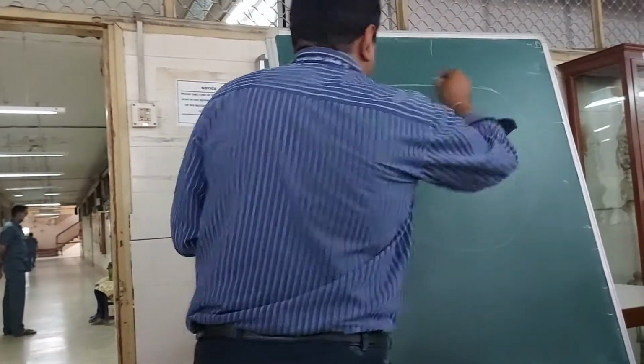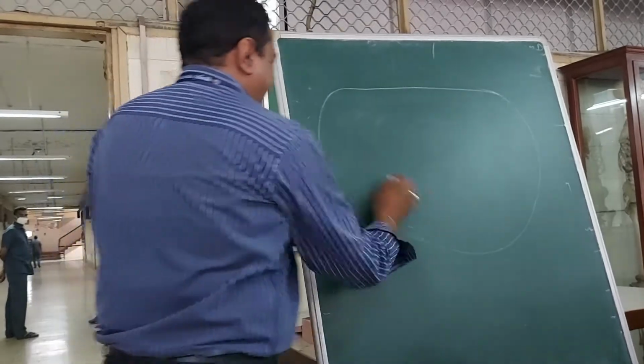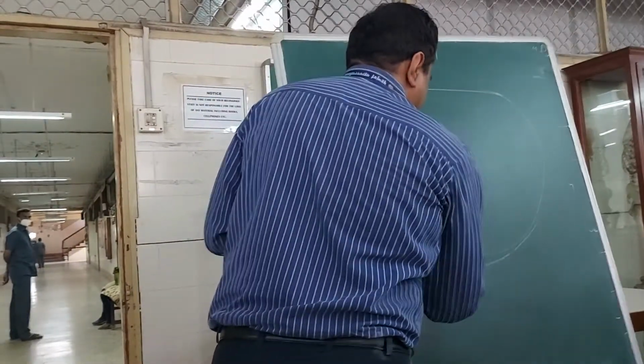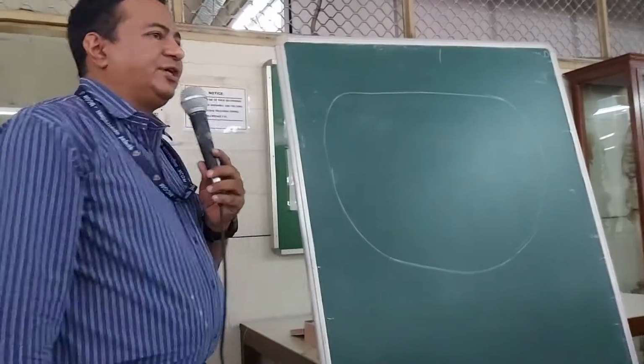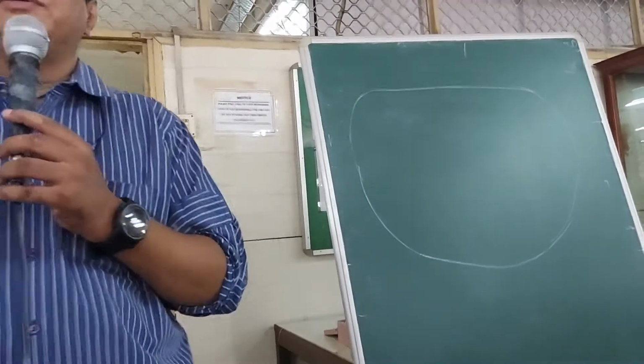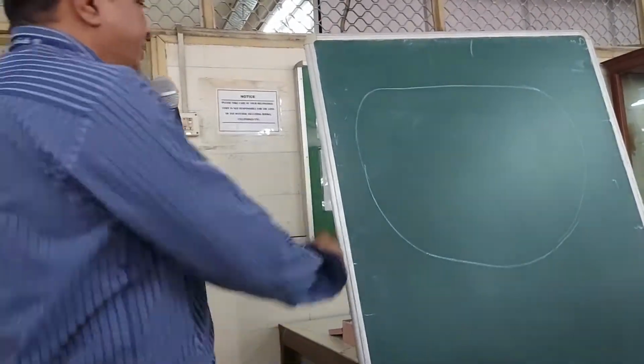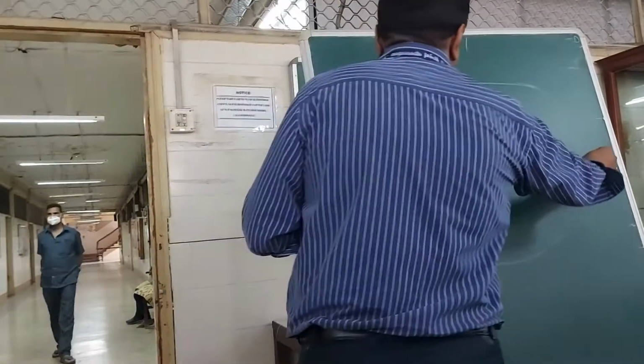If we look at the upper surface of the tibia, you are looking at the upper surface of the tibia. This is the medial side, this is the lateral side.